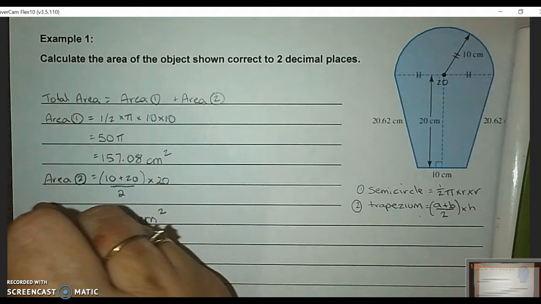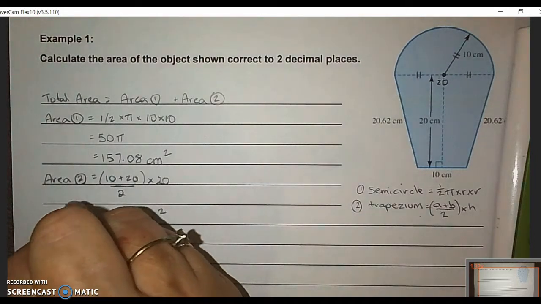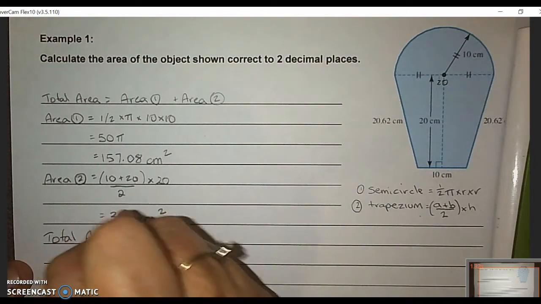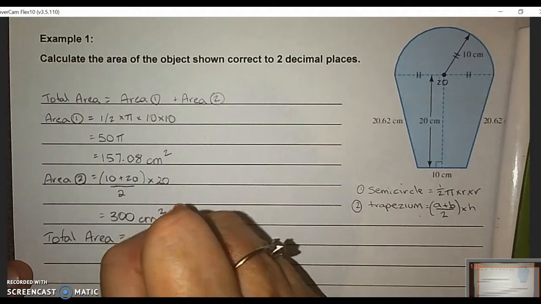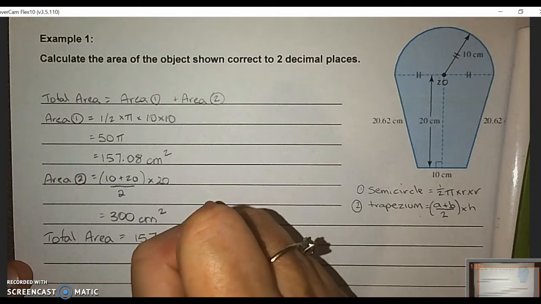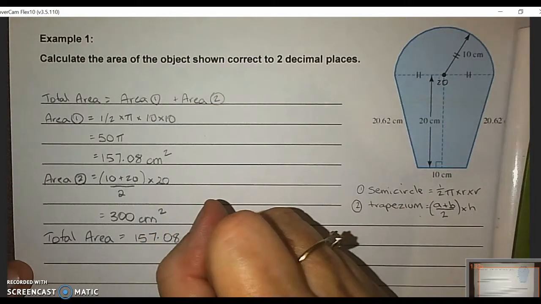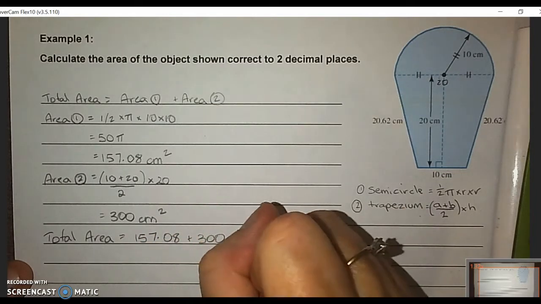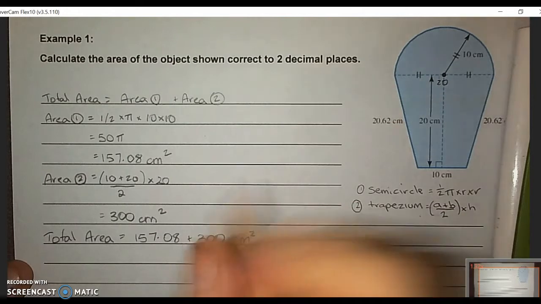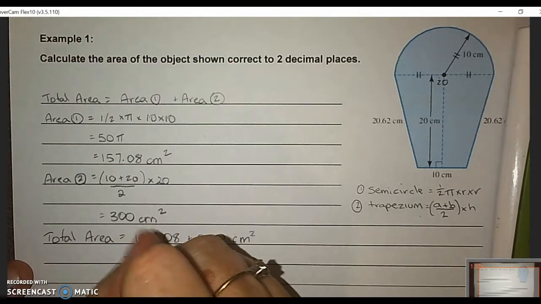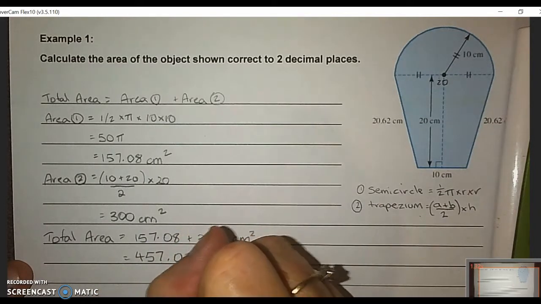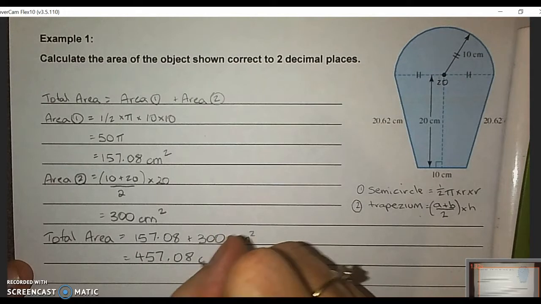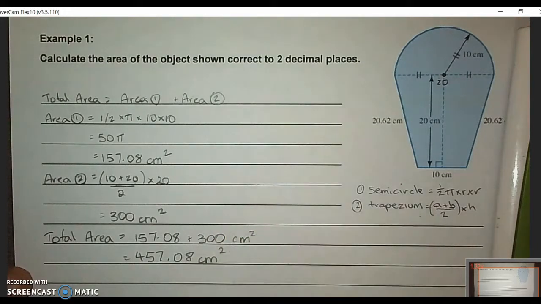So the total area: 157.08 plus 300 is 457.08 centimeters squared.